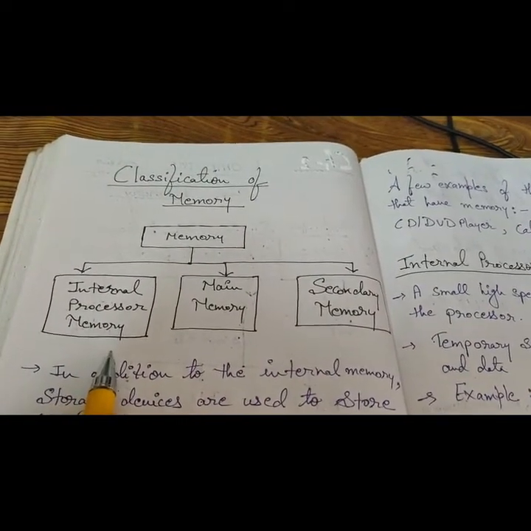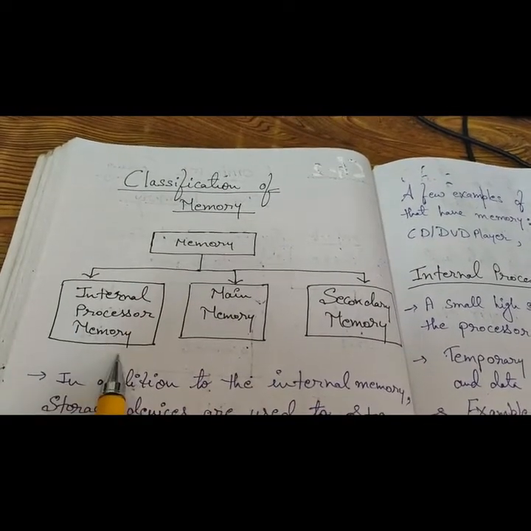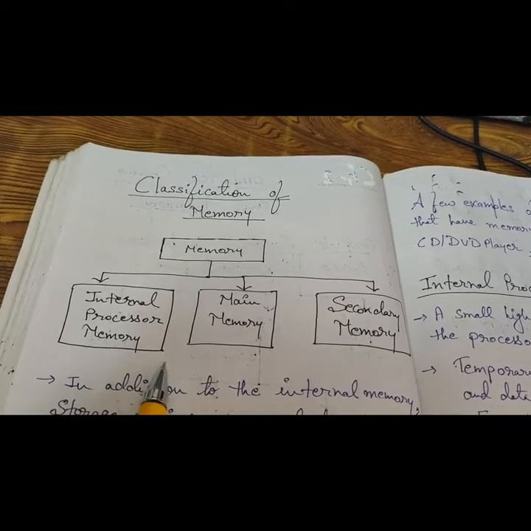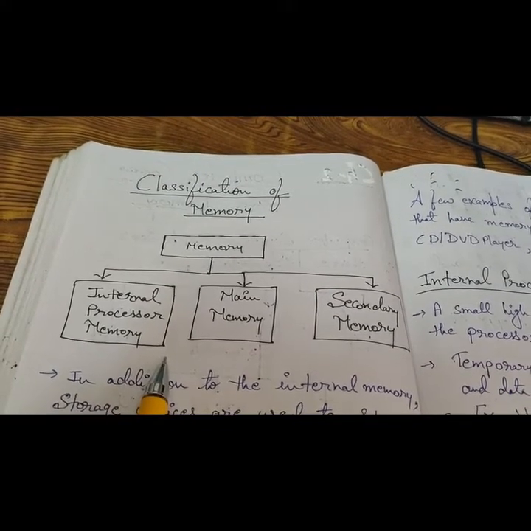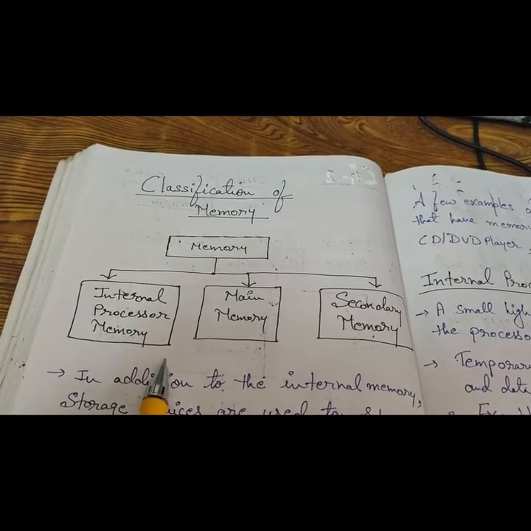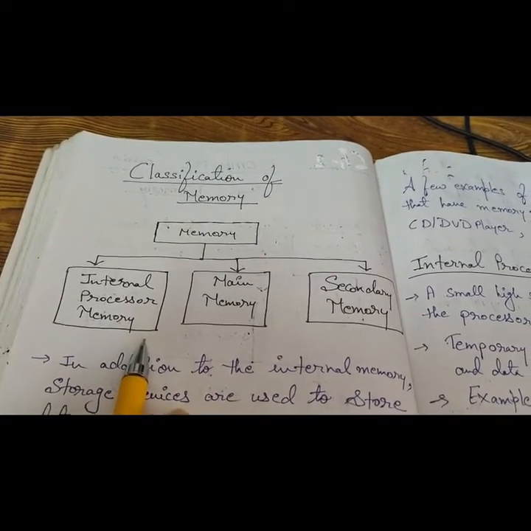What is internal processor memory? It is a high speed memory inside the processor. It is temporary storage of memory. The instructions and data are stored temporarily. Examples are register and cache memory.